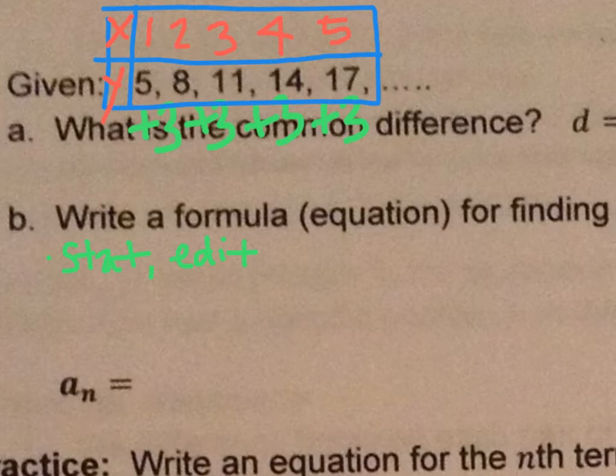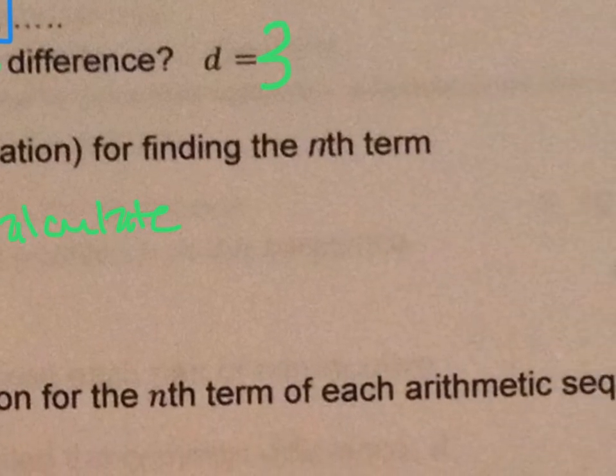Once we type in all those values, we do what we normally do with stat edit and go to stat, calc, 4, and then calculate. Okay, once you do that, you'll get the screen that looks like this.